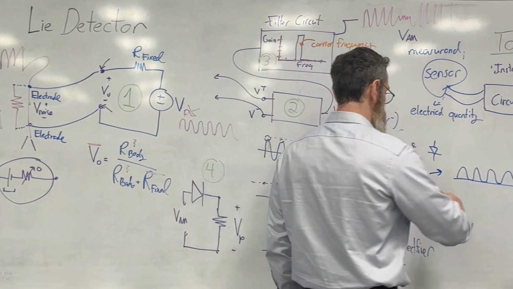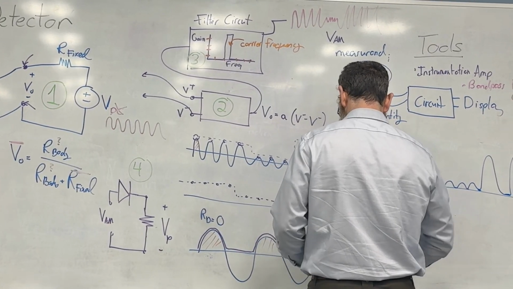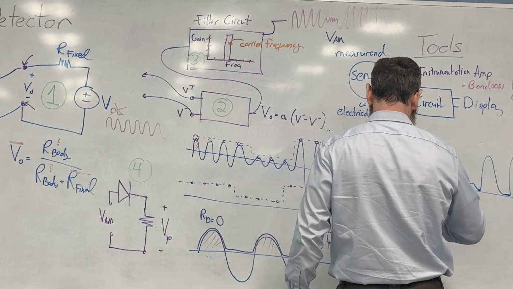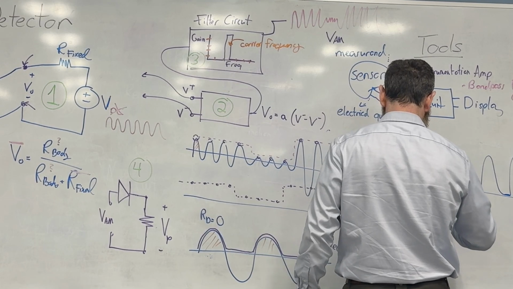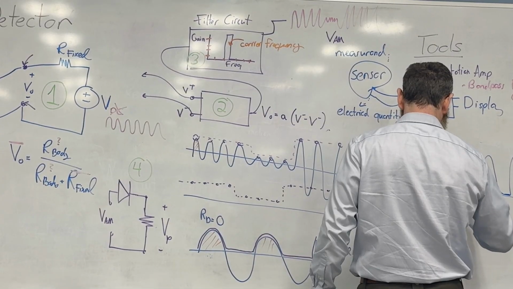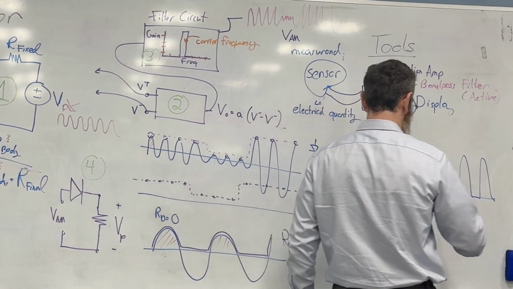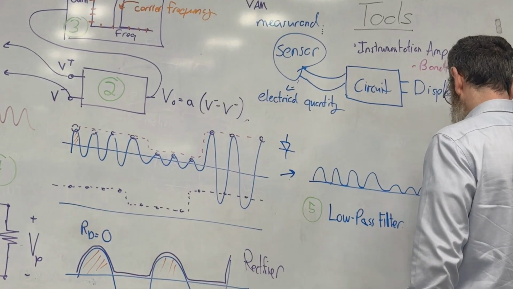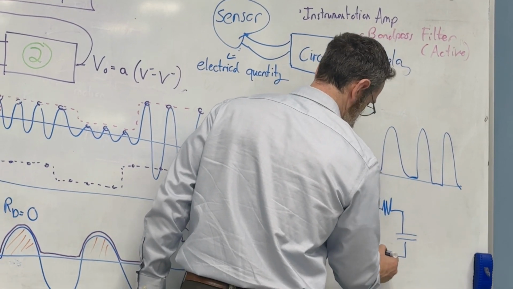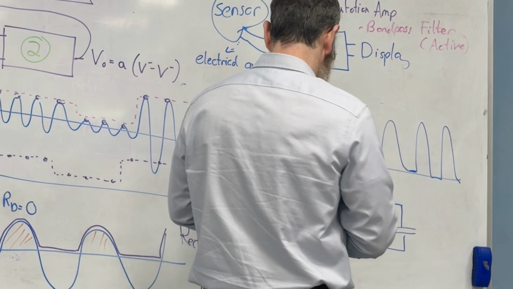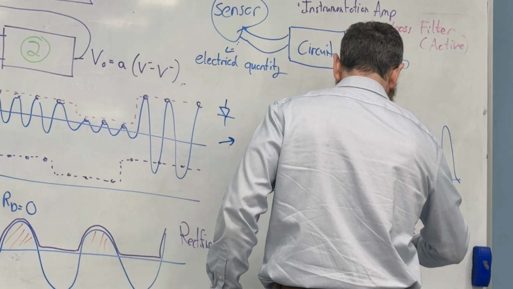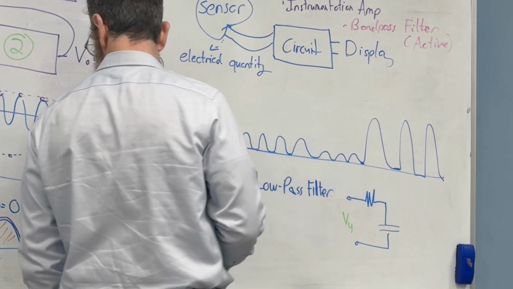The final step, which I'm just going to do right here, is one more low pass, which could take the form of a passive, but no, you may not have to do it in passive. So let's call this V4 for the output of stage 4, right?